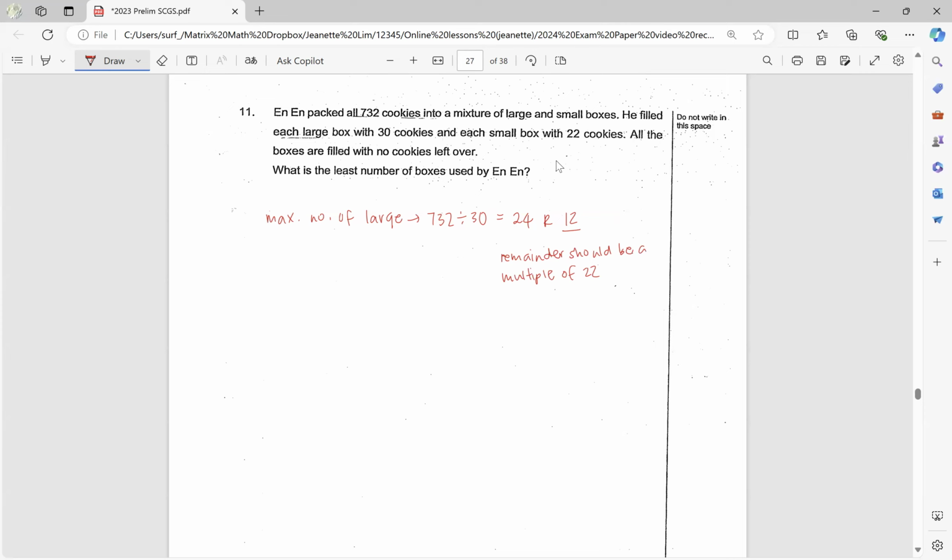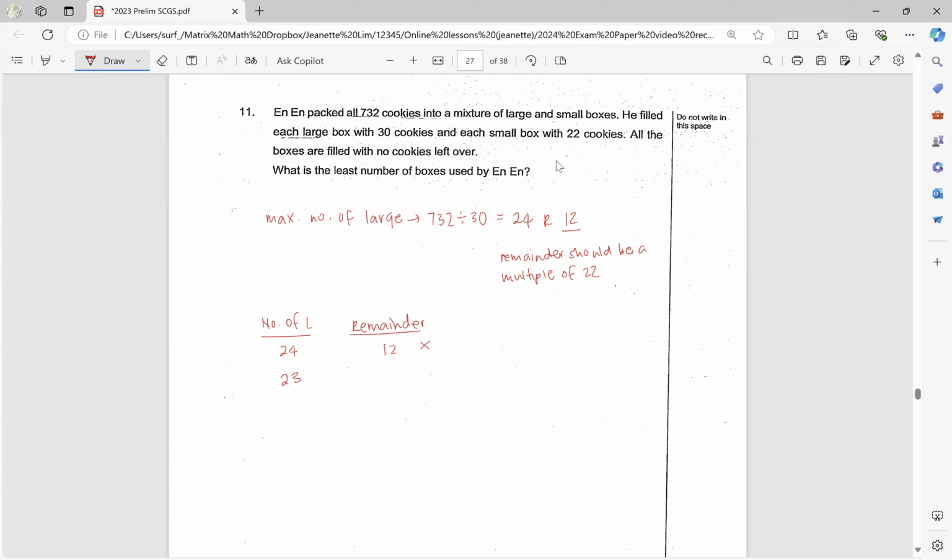Okay, so this is our starting point. We start off with 24 large boxes. Your remainder will be 12. Is this a multiple of 22? No, it's not. Then next, we cannot go any higher, but we can go lower. So we go one box less, 23 large boxes.